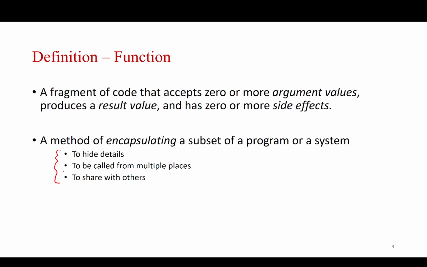This is why, when we are dealing with functions, we find that we are doing the following. One, hide details, because you are taking some details from the main function and putting them in a separate function outside the main function. Also, you can call the function more than one time.